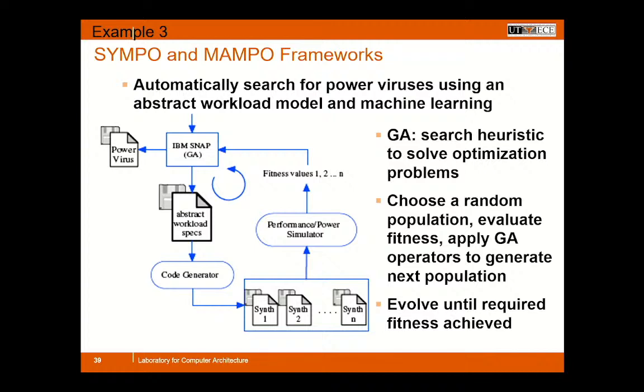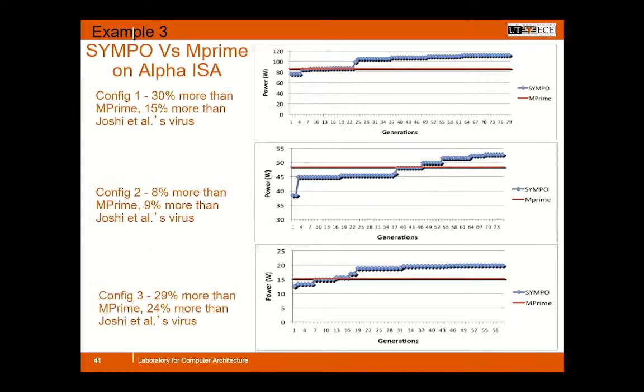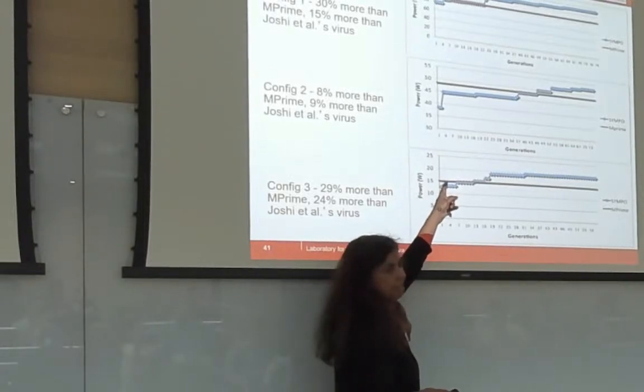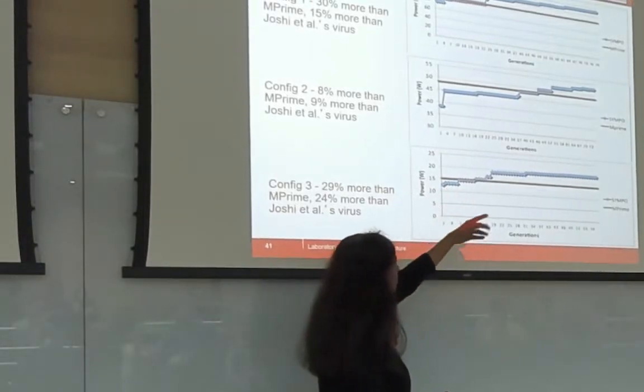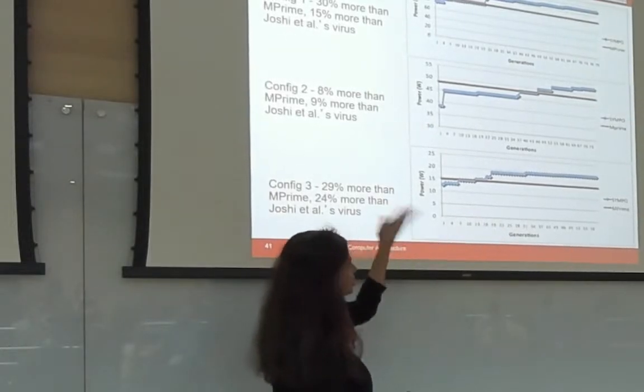We are going to automatically find something that takes more power than the other programs. With its mutation and crossover operations, irrespective of where you start, in a few iterations it exceeds the Mersenne prime power and keeps going.